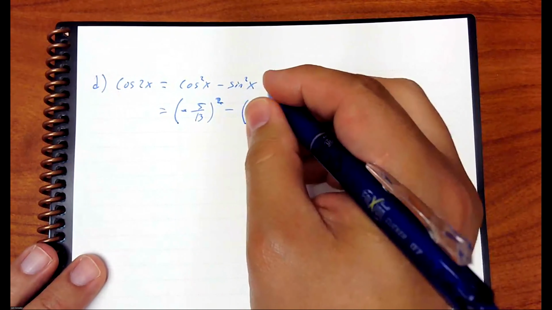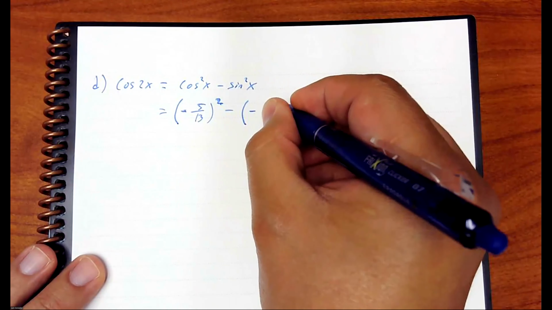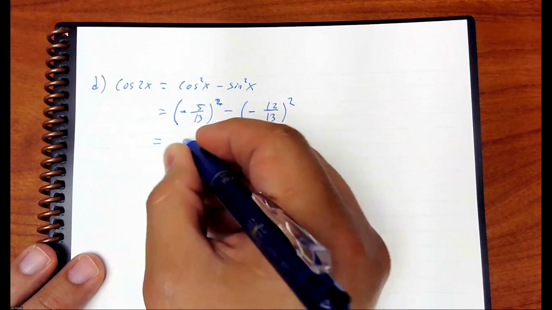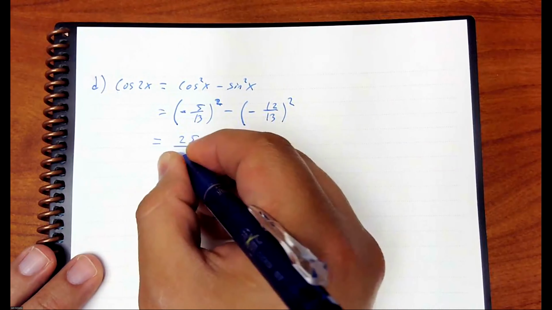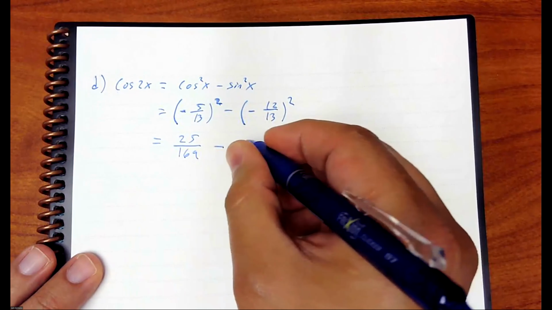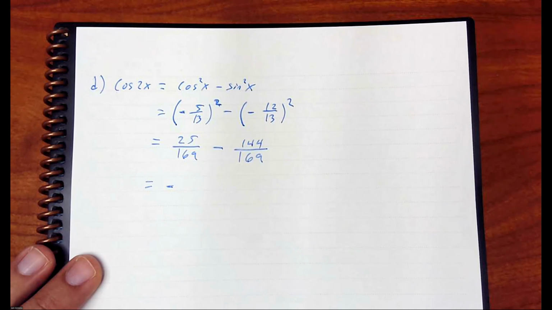Sine was negative 12/13. So that would be 25 over 169 minus 144 over 169, which becomes negative. What is that? 119? Oh, I'm sorry.